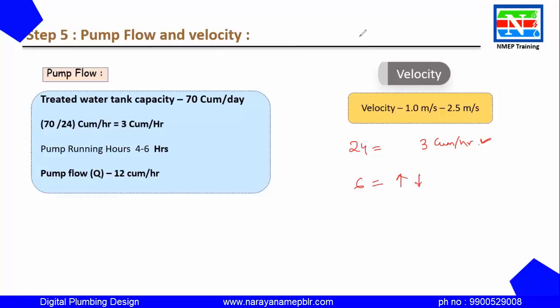Obviously more, right? I told you in the beginning, don't understand in the mathematical way. Understand it in a logical way. If I'm reducing the pump running time 4 times, I need to increase the flow 4 times. So I'll get 12 cubic meter per hour.